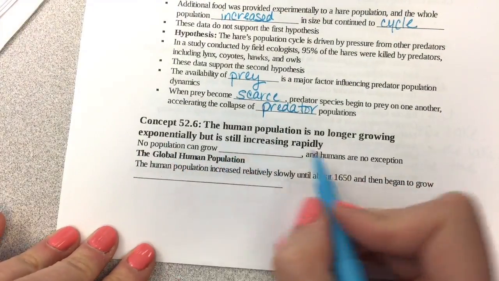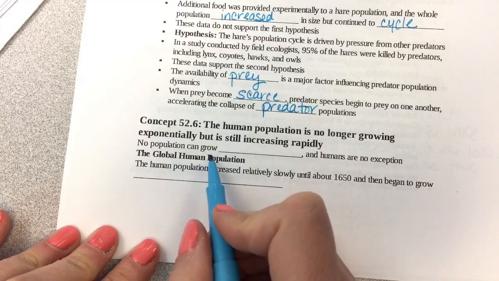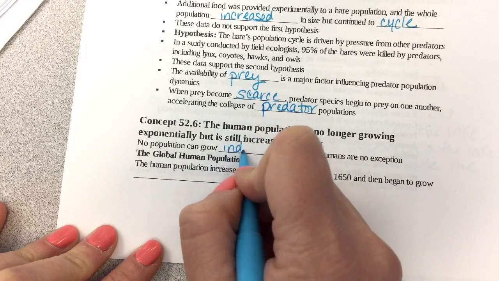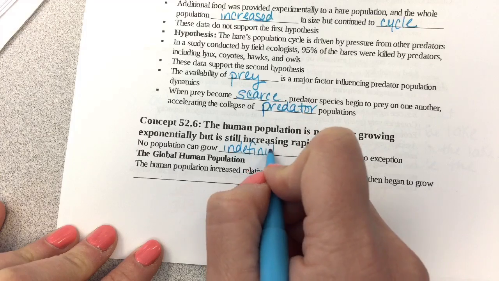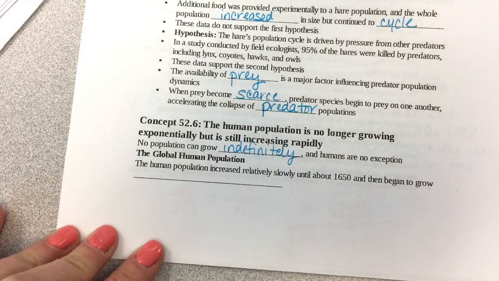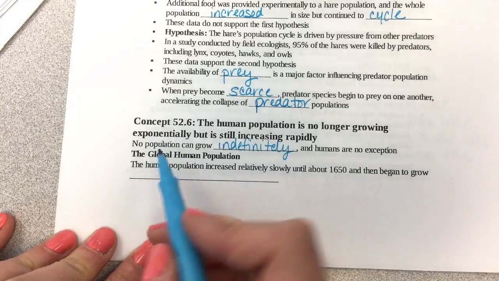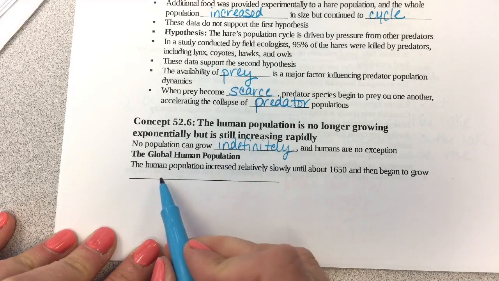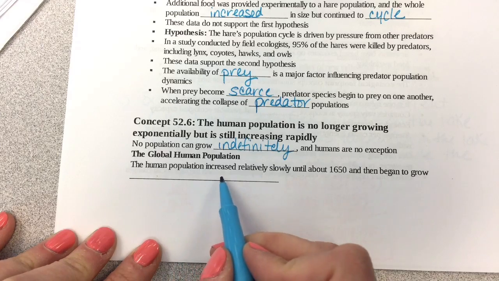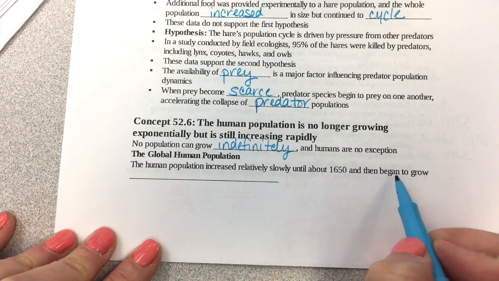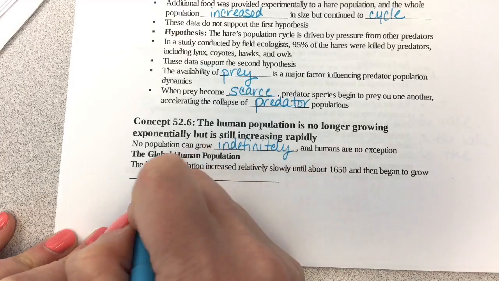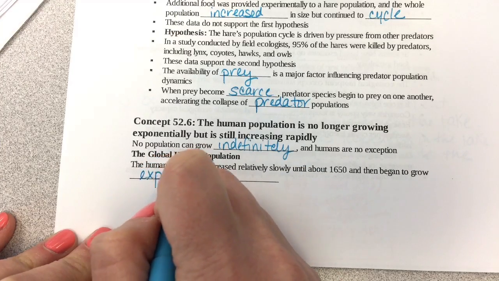All right, so lastly, let's look at the human population. No population can grow indefinitely. We as humans have been growing at a very fast rate for a long time. The global human population increased relatively slowly until about 1650 when it began to grow exponentially.